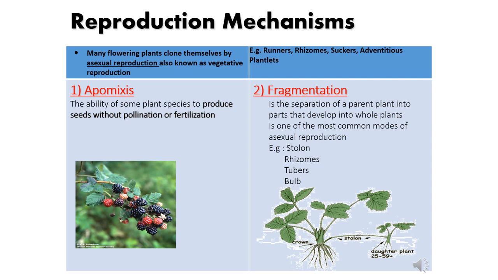Another one, if you can recall from reproduction in animals, is fragmentation, which means there is a separation of the parent plant into parts, and these parts will develop into whole plants again. For example, stolons, rhizomes, tubers and bulbs.